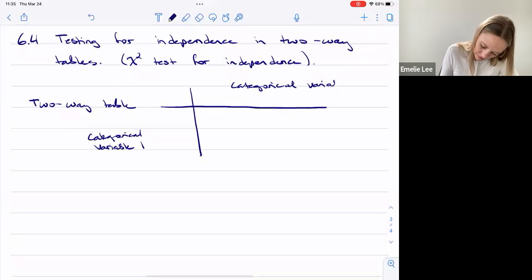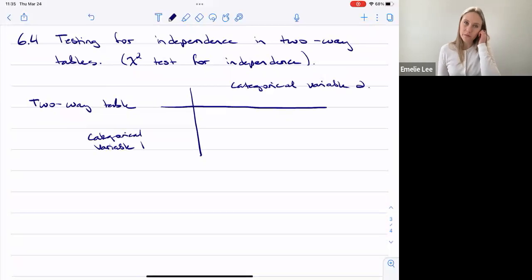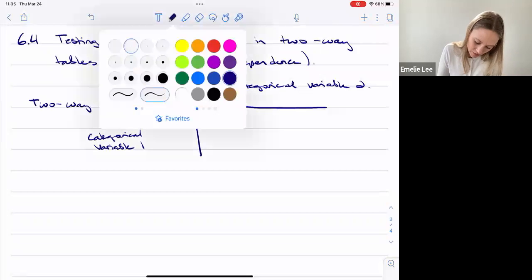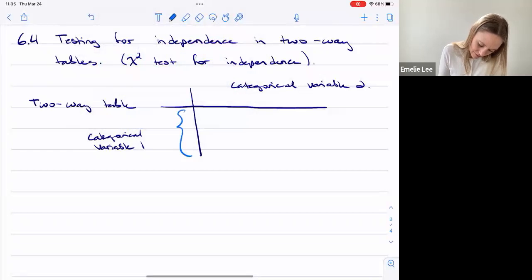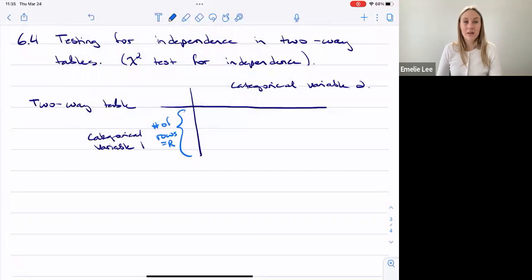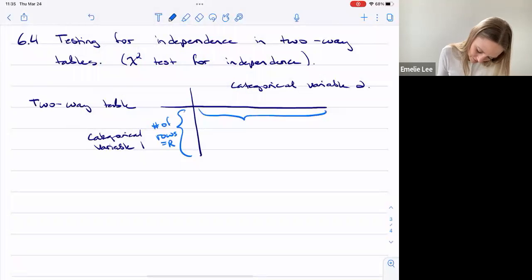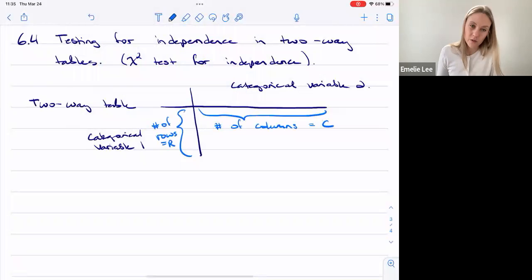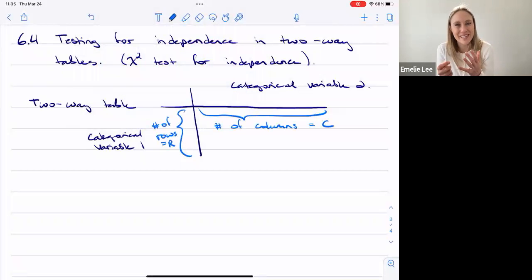Each of them has some number of categories, and so we're going to have some number of rows, which we're going to denote by a capital R, and some number of columns, which we're going to denote by a capital C, which we've already seen.